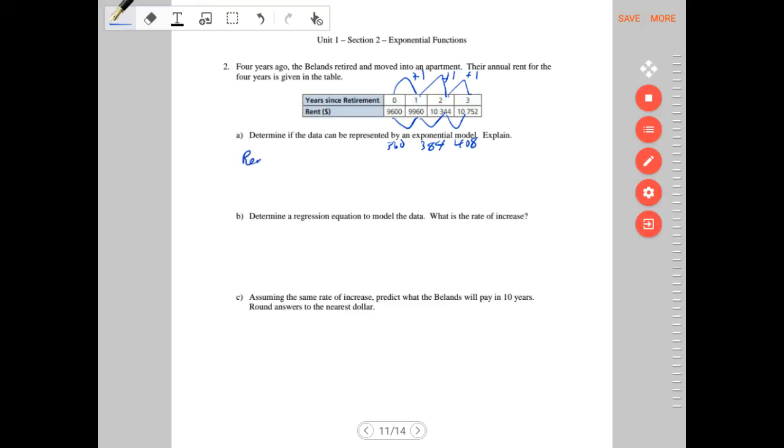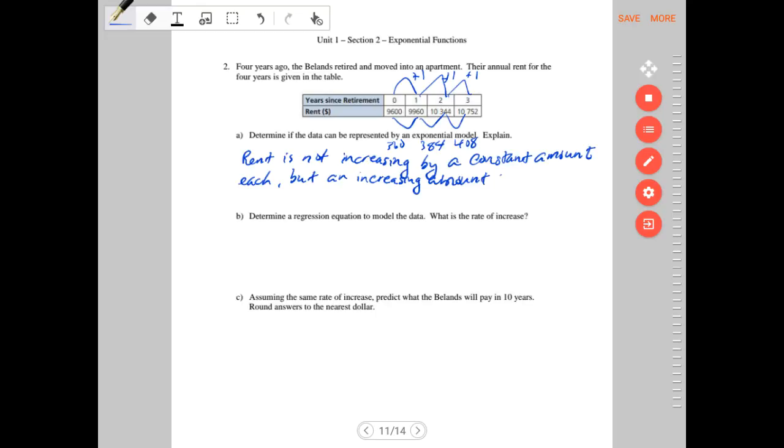So the rent is not increasing by a constant amount each year, but an increasing amount compared to the previous year. So yes. Okay, so maybe exponential.